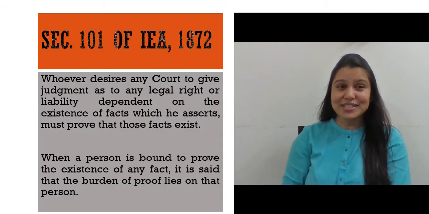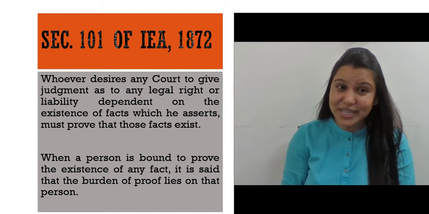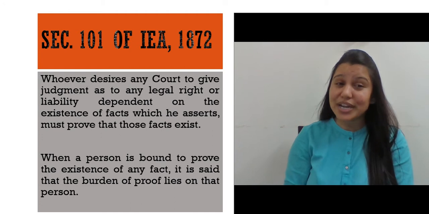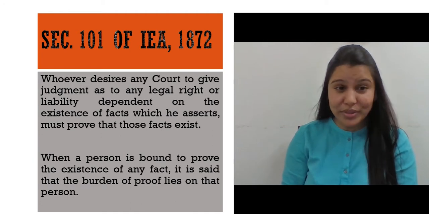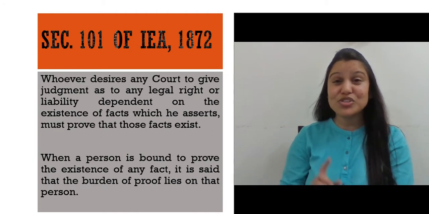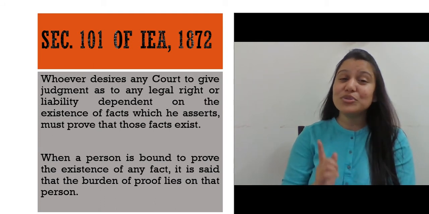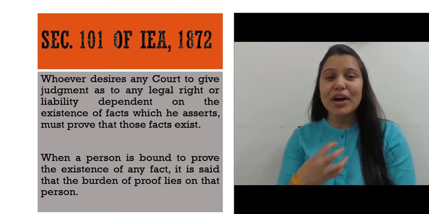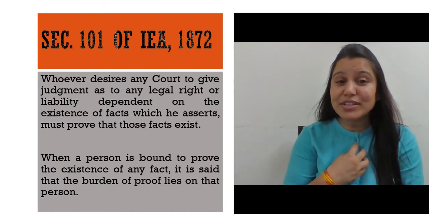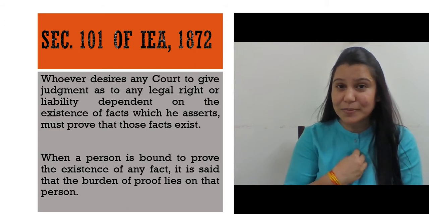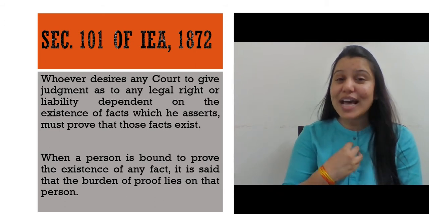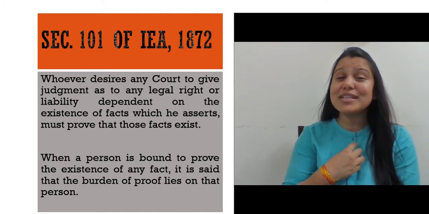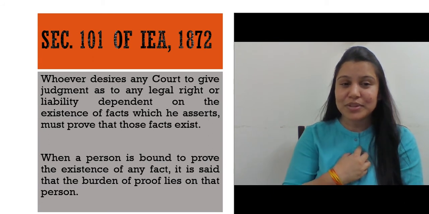Section 101 says, whoever desires any court to give judgment as to any legal right or liability dependent on the existence of facts which he asserts must prove that those facts exist. If I want the court to believe in something which I assert, then I should prove that fact before the honorable court because I am asserting it.